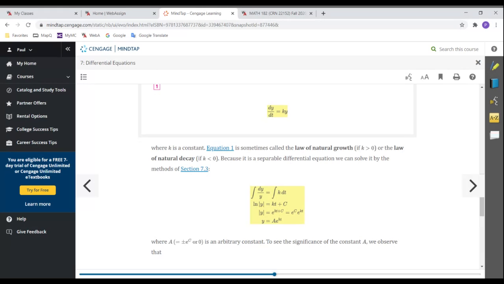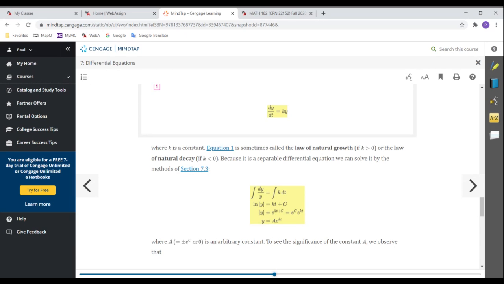Okay, if you separate the variables, and I know you can do that. And then you integrate both sides. And on the left side, you're going to get the log of the absolute value of y. And then on the right side, you're going to have kt plus C. Well, of course, we want to solve for the absolute value of y.